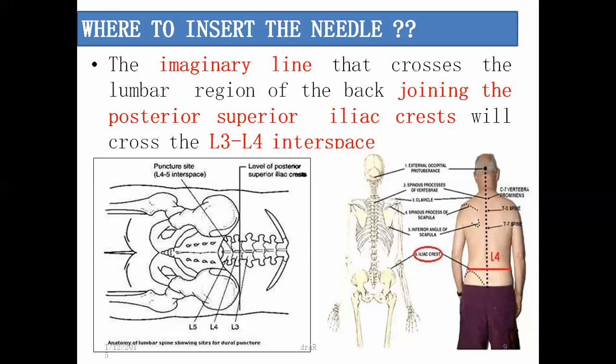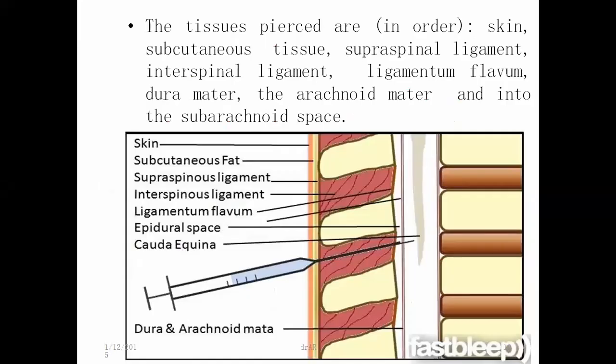All right. So now, when you insert the needle, okay, there are many things that you have to pierce. The first thing you will pierce is skin, and then it will go onto your subcutaneous tissue. It will go on to your supraspinous ligament, and then it will go to the interspinous ligament, ligamentum flavum, dura mater.